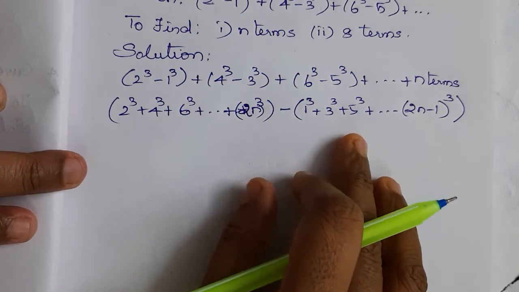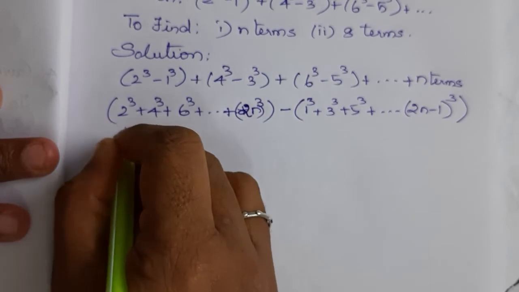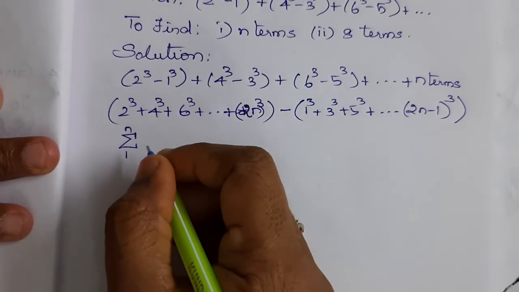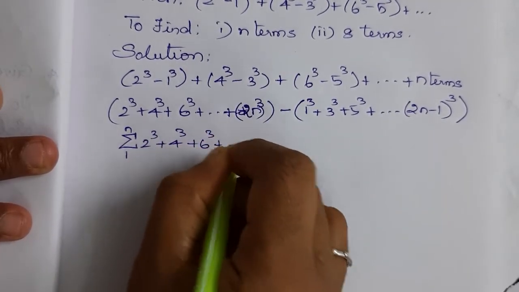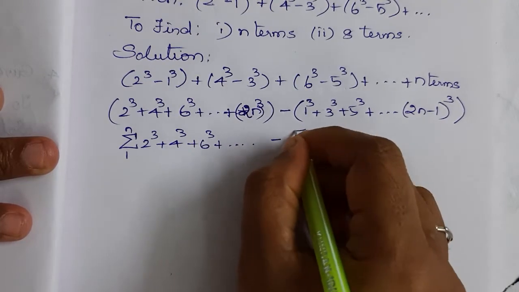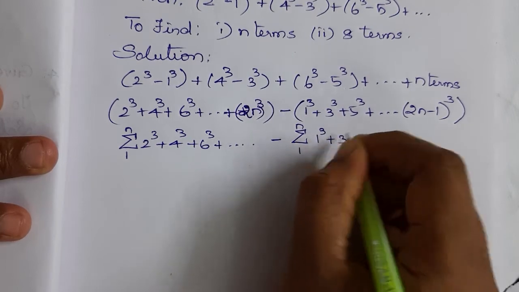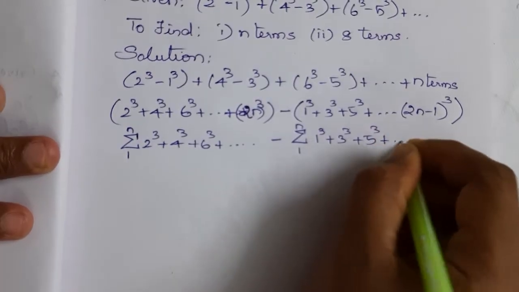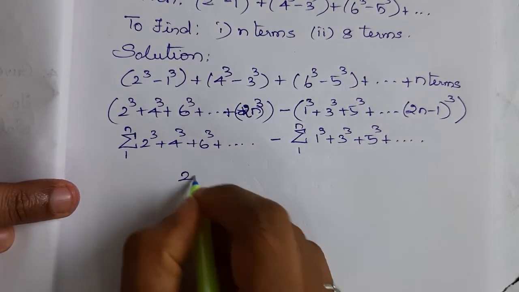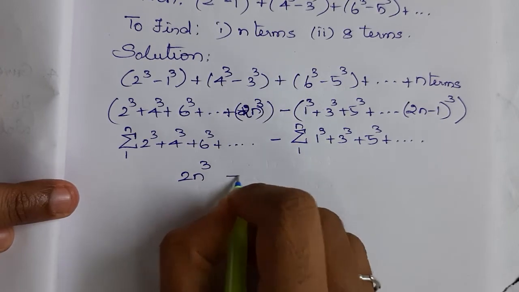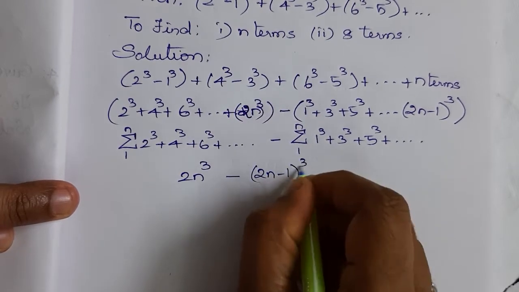So here we are going to take the sum up to n terms, that is 1 to n for even numbers, that is 2 cube plus 4 cube plus 6 cube plus etc. And this is summation of odd numbers 1 to n where it is 1 cube plus 3 cube plus 5 cube plus etc. So the summation of even numbers we take it to be 2n cube minus the summation of odd numbers we will take it as 2n minus 1 the whole cube.